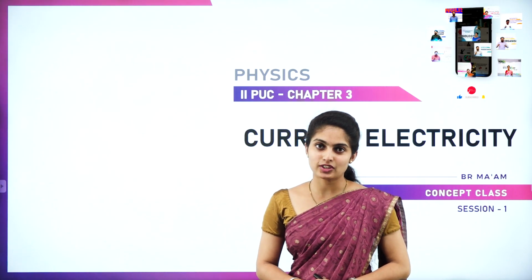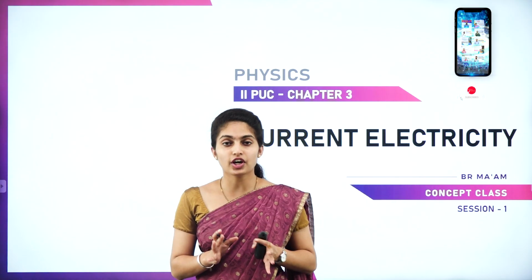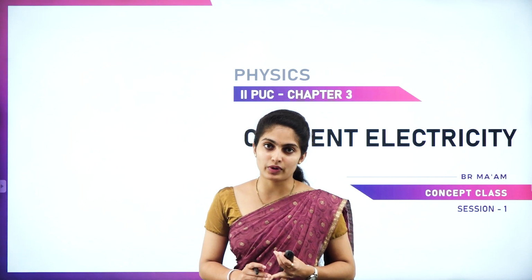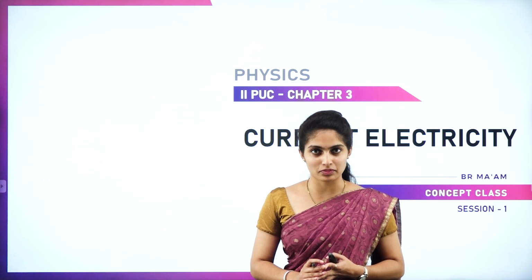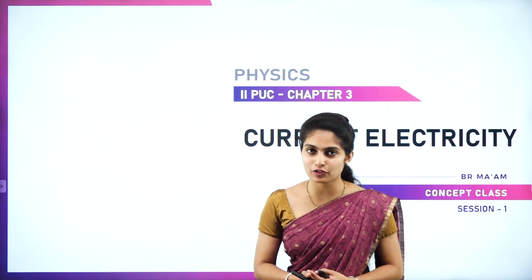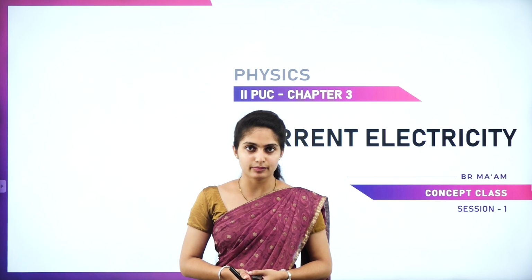This chapter has the weightage of 13 marks, and here you get questions like 1 mark questions, 2 mark questions, 5 mark long answers as well as 5 mark problems. So this is how you get the questions, and the total weightage of this chapter, Current Electricity, is 13 marks.